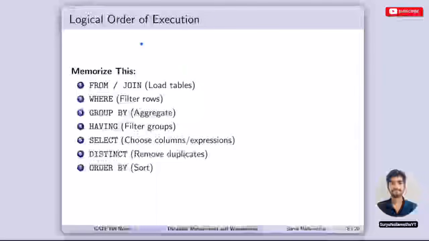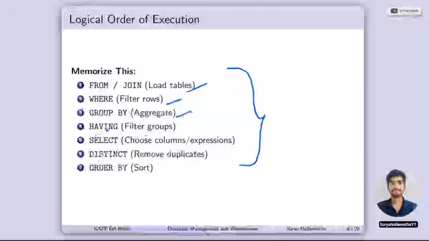Next, you need to remember these points very well. These points are very helpful for knowing which operation does what. From and join help to load the tables. Next, where helps to filter the rows. Group by helps for aggregation operations. Having is used for filtering the groups.